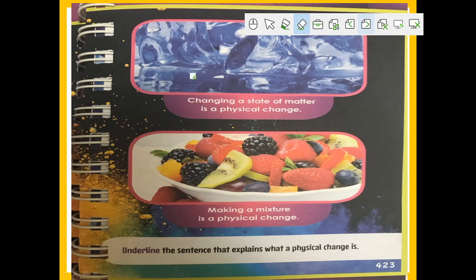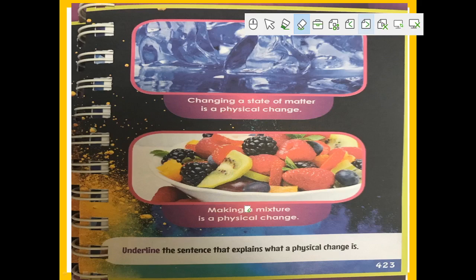And here the water, here the liquid is water. So we didn't change the matter. We change the state of matter from solid to liquid. When the ice melts into water, it's changing the state of matter, but this is a physical change.